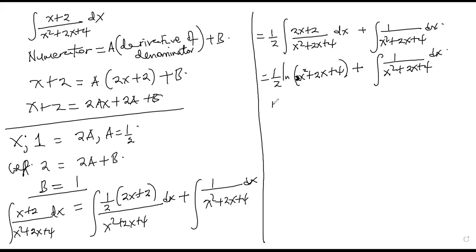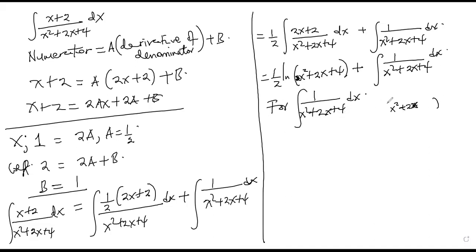Now let me work on that integral separately. For the integral of 1 over x squared plus 2x plus 4 dx, when you're completing the square, it's going to be x squared plus 2x plus a half coefficient of x.